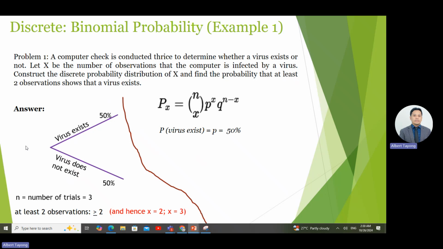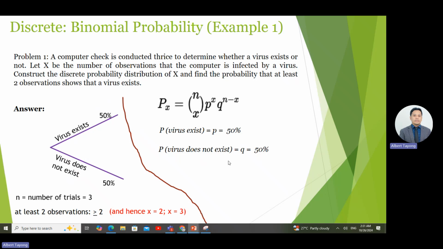So this is our formula. Our n we know already, that is 3. And p here is basically about the question. The question is about observation that shows that a virus exists. So P of virus exists is given already here on the left. That is 50% or 0.5. And q is the opposite. Okay, please take note: p is what is asked in the problem, and we call that the probability of success.